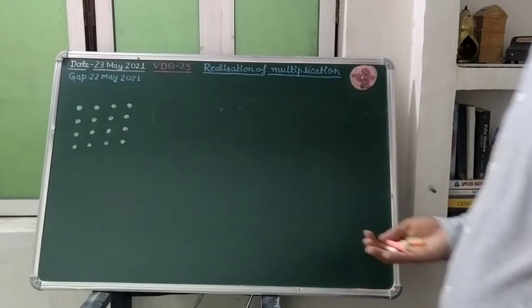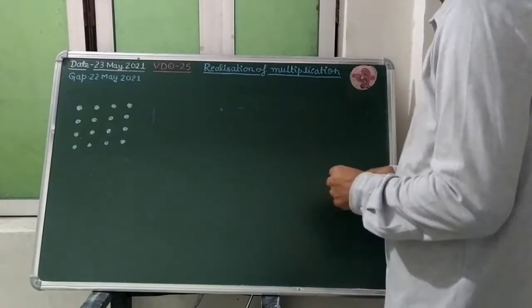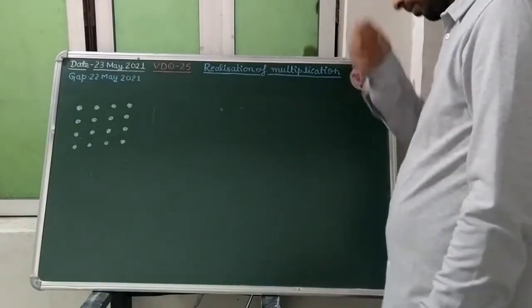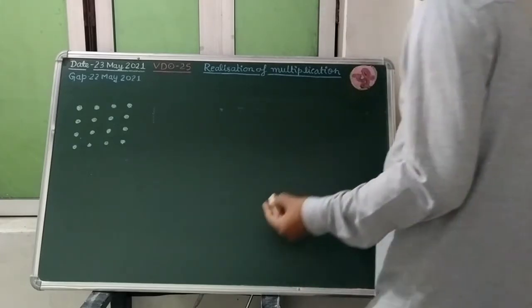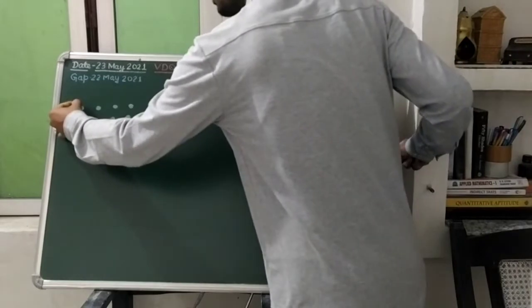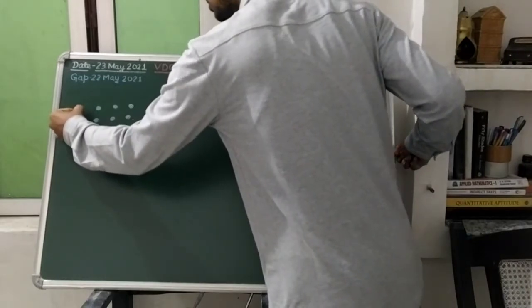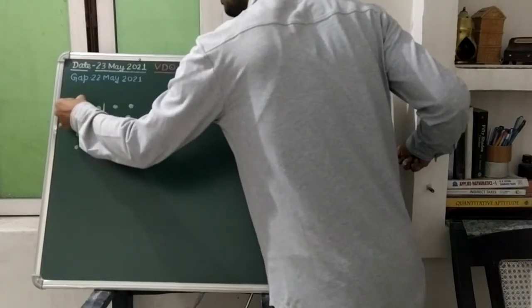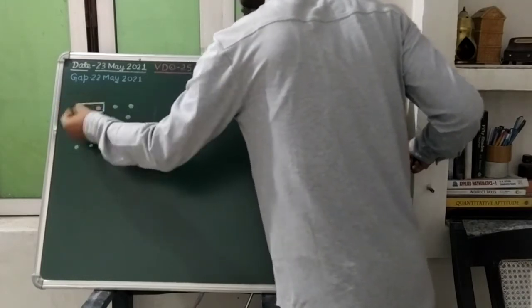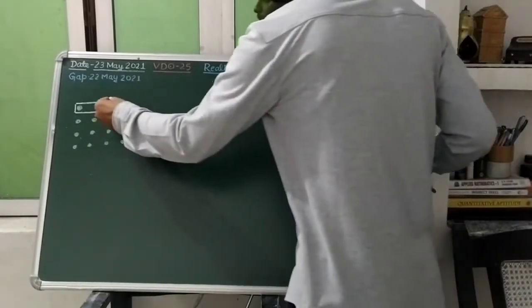So students, if you carefully look into it, we can group these dots. Isn't it? Suppose we start grouping these dots in pairs. So we have the first group here, which has 2 dots. So 2 dots we are grouping.